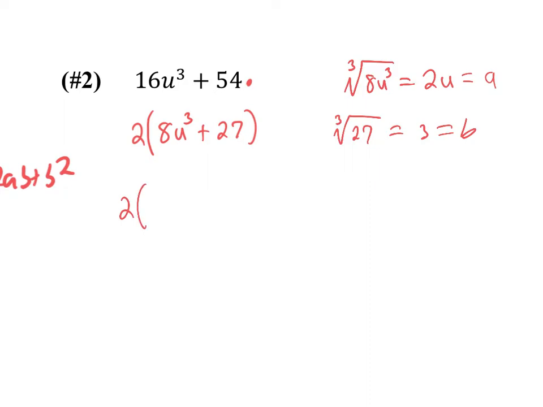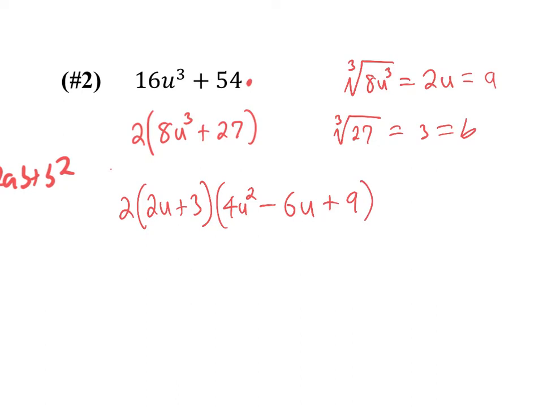And now we're going to use a sum of cubes. So sum of cubes is going to be a plus b goes in front. So 2u plus 3. A plus b, and then it's going to be a squared, so it's going to be 2u squared, which is going to be 4u squared, minus ab, remember it's the opposite of the signs, so minus 2u times 3 is 6u, and then plus, it's always plus at the end, it's going to be b squared, which is 9.